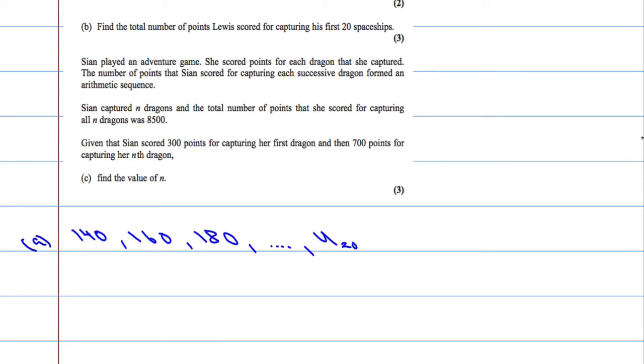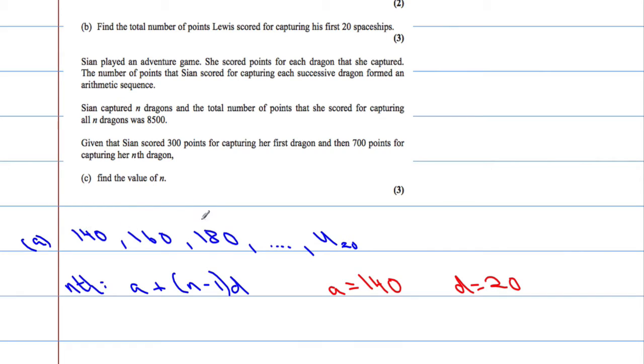So let's calculate the nth term. And the nth term is found by doing A plus n minus 1 times D. So A is the first term, that's 140. D is the common difference, in this case 20.